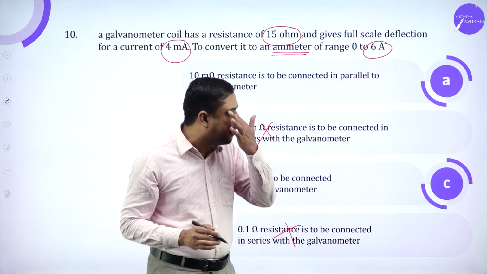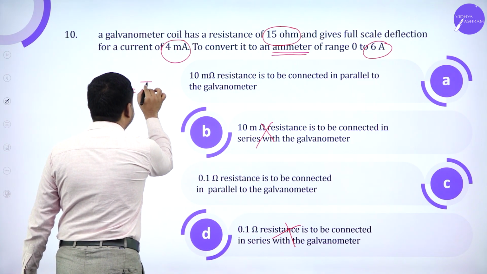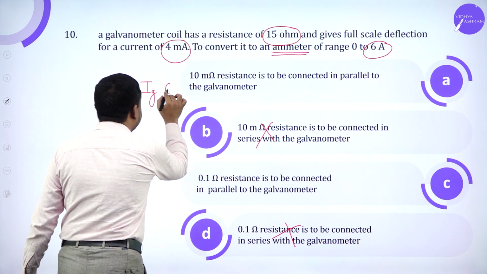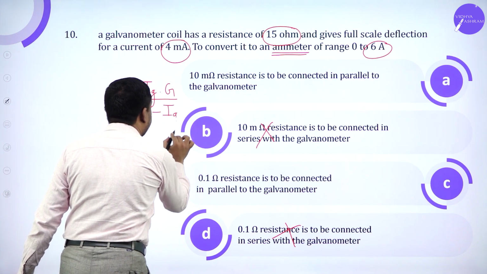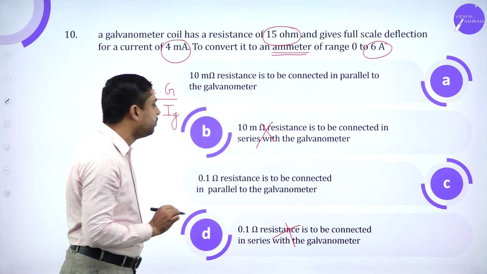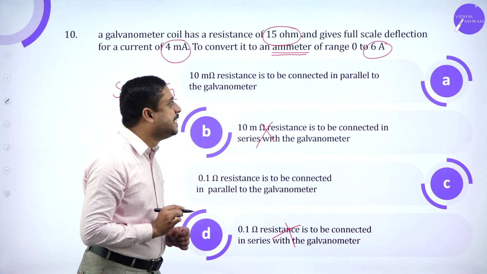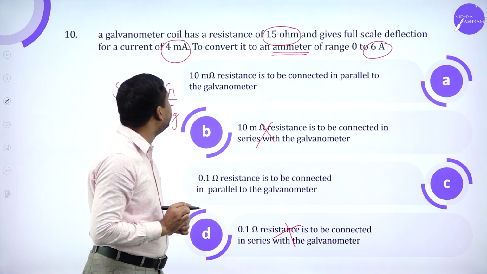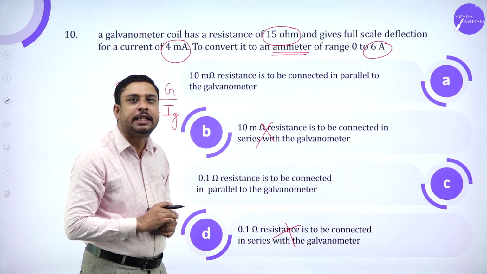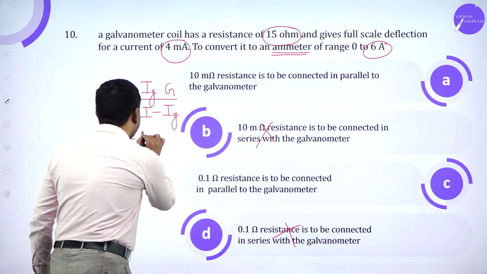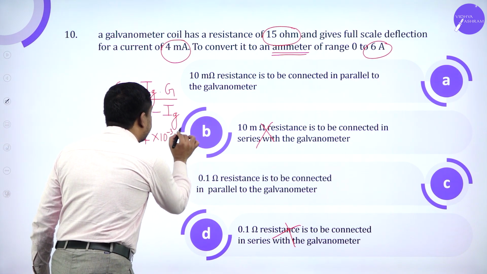What is the value of that shunt resistance? We know S is Ig into G divided by I minus Ig. How much is Ig? 4 milliamperes current flowing through the galvanometer is 4 into 10 power minus 3.